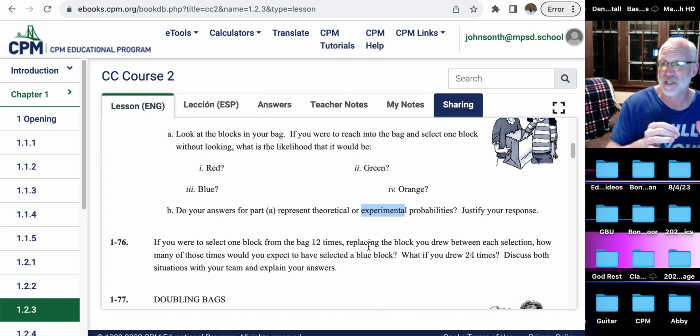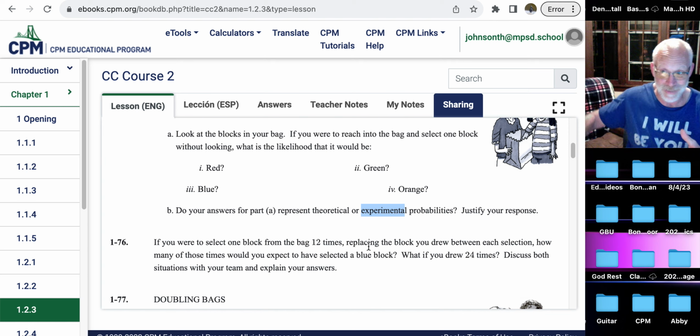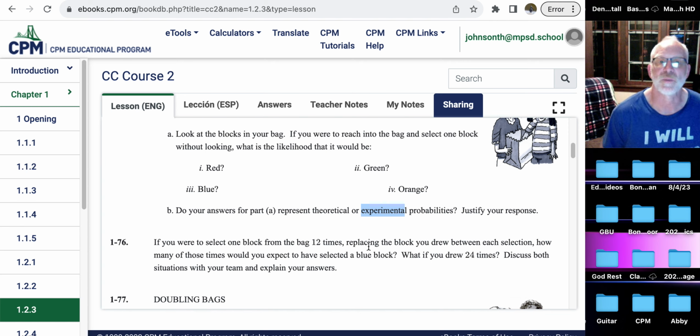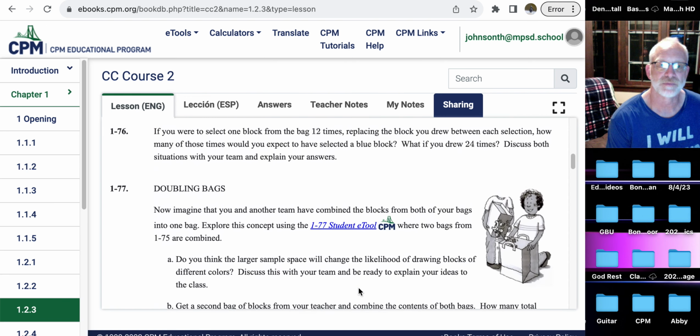So replacing means we take it out, we look at it, we put it back in. Non-replacing means we take it out, look at it, and keep it out. So we're putting it back in, replacing. How many of those times would you expect to have selected a blue block? What if you drew 24 times? Discuss both situations with your team and explain your answers.